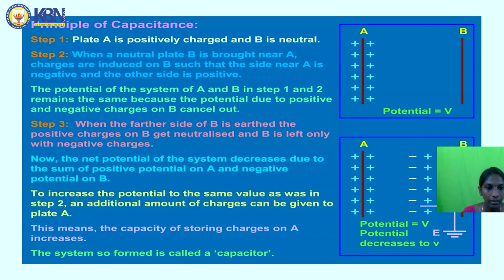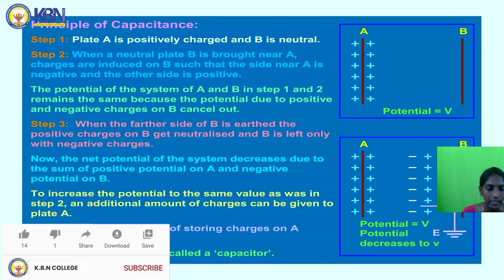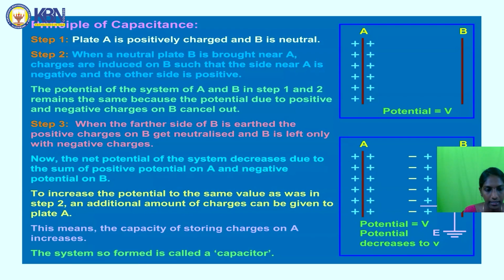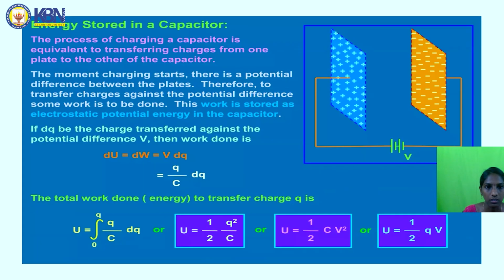Now the net potential of the system decreases due to the sum of positive potential on A and negative potential on B. To increase the potential to the same value as was in step 2, an additional amount of charge can be given to plate A. This means the capacity of storing charges on A increases. The system so formed is called a capacitor.